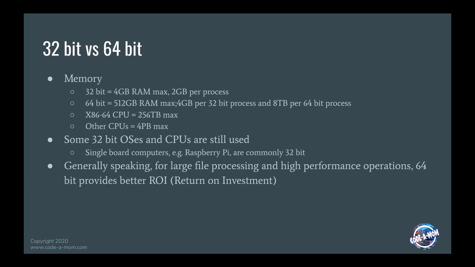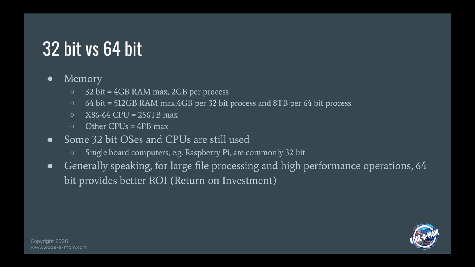So each application that you're running only has access to 2 gigabytes max. If you have 64-bit, then you are able to have 512 gigabytes of RAM maximum. That's on a motherboard. 4 gigs per 32-bit process, and then 8 terabytes per 64-bit process.